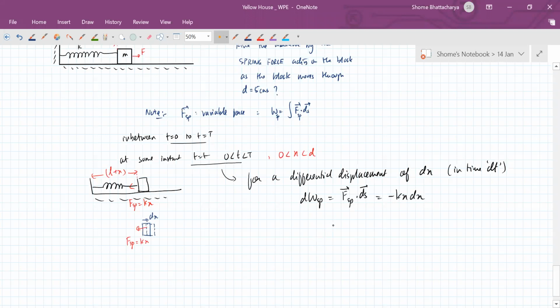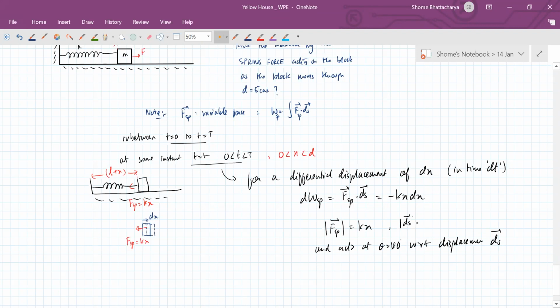Because you can see that the spring force has a magnitude of kx, and acts at theta equal to 180 degrees with respect to the displacement ds.